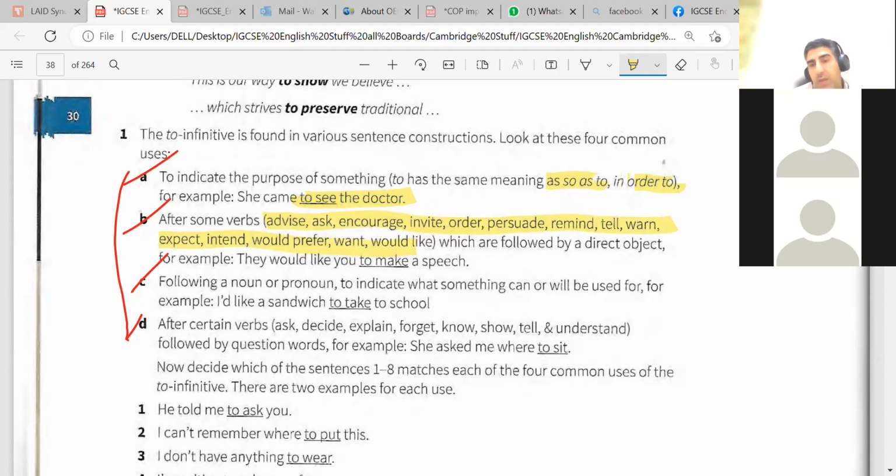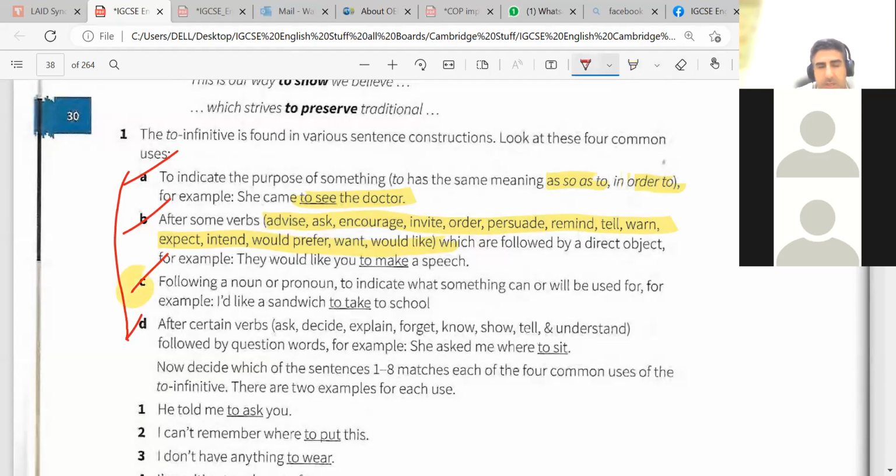For example, I would like to buy a new car. I want to eat. I prefer to go out with my friends, and so on. They would like to make a speech.